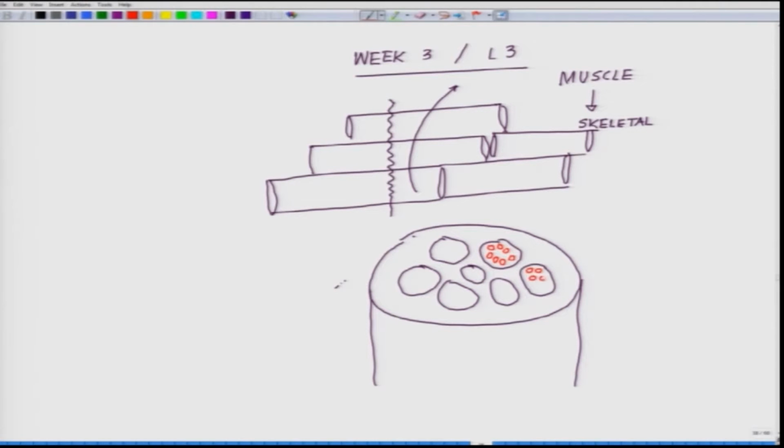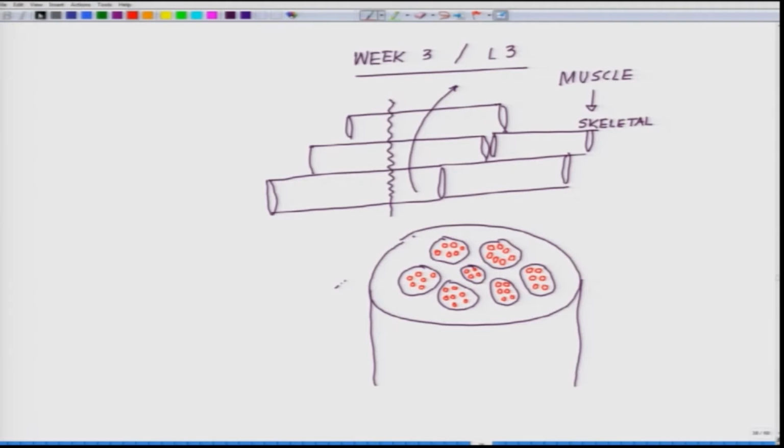We will come to the terminologies which are used, and from there we will go further down into the molecular players which help in the generation of force. So, this is how it looks.